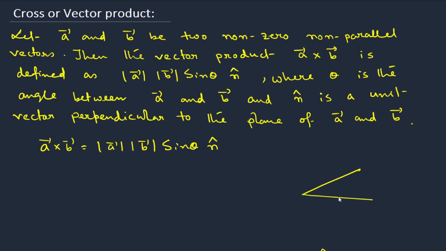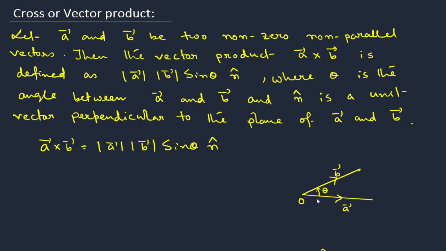Suppose these are the two vectors a bar and b bar. They are non-parallel vectors and they lie in one plane. This is O. The angle is theta. Now if we go from a bar to b bar in this anti-clockwise direction, think of it as opening the cap of a bottle.